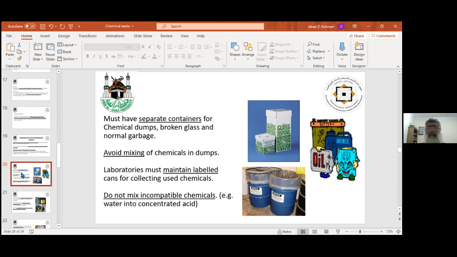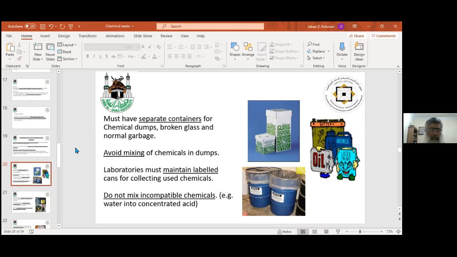Do not mix the chemicals of different natures or of the same nature. What it means, let me explain. Number one, avoid mixing of chemicals in dumps. If you mix solid with liquid, then forget about recycling of the chemicals.